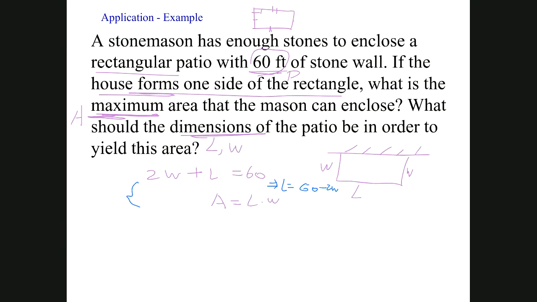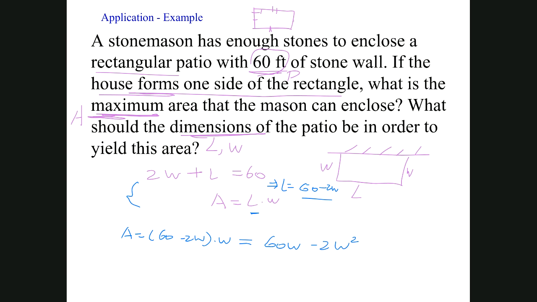My A will be 60 minus 2W, and then times W. I'm using 60 minus 2W for the L, so that way we have only one variable. And multiplying that in, I have 60W minus 2W squared.